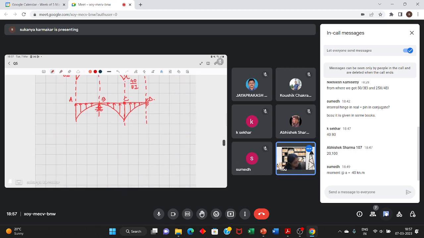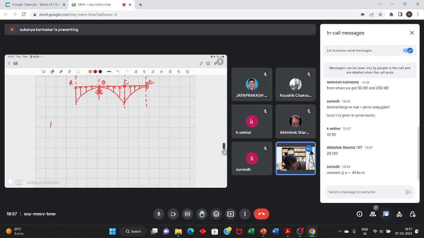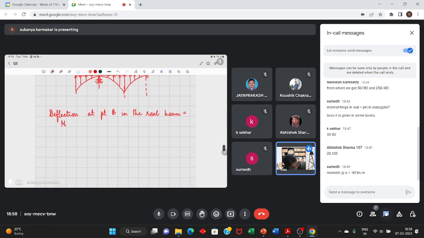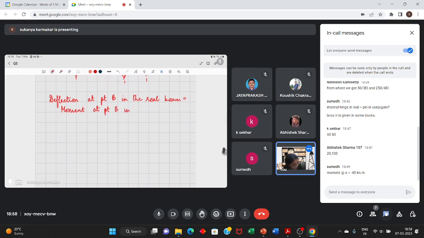So deflection at point B in the real beam is equal to moment at point B in the conjugate beam.